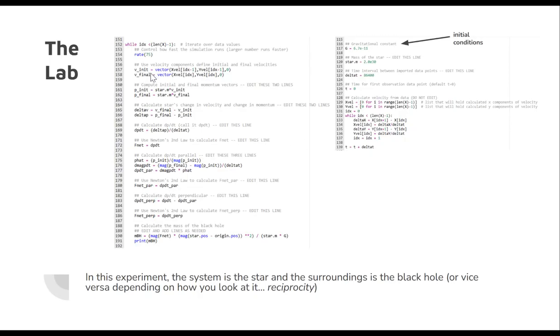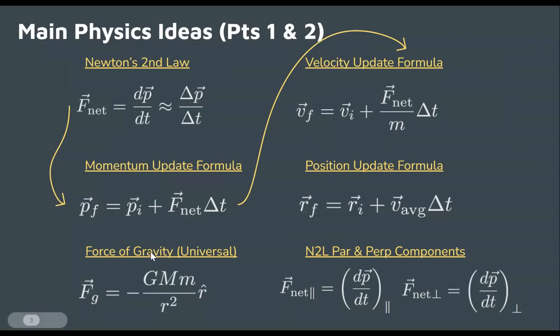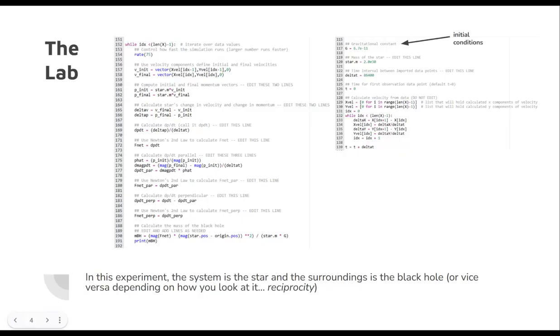And then for the lab, you can see that we are using the momentum principle here to find dp/dt, and then we use our given information to find dp/dt parallel and dp/dt perpendicular. And we basically reverse the force of gravity equation to solve for the mass of the black hole, which you can see is done here.